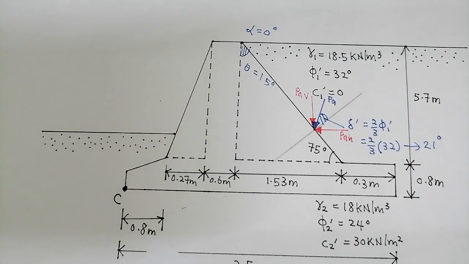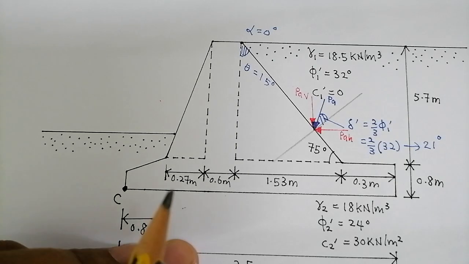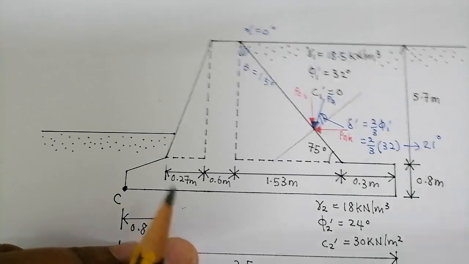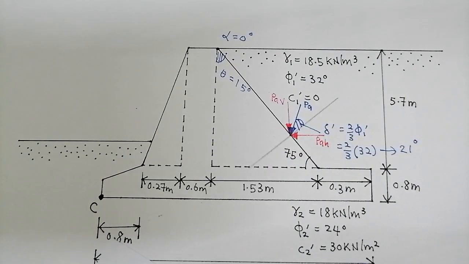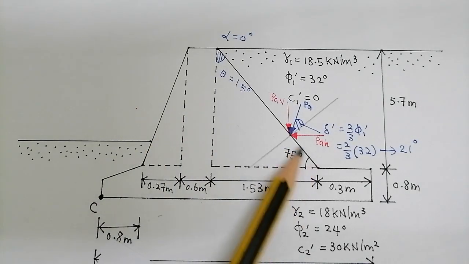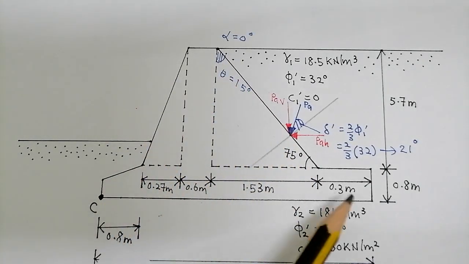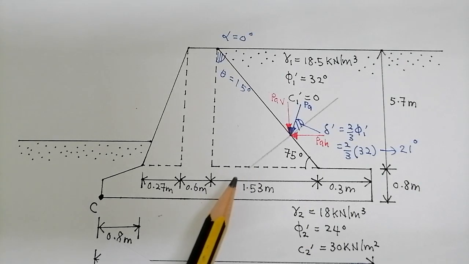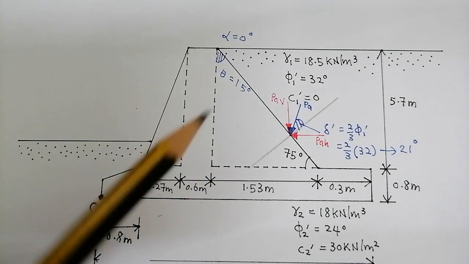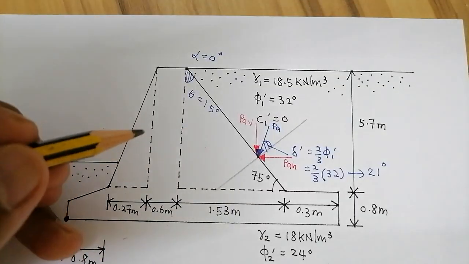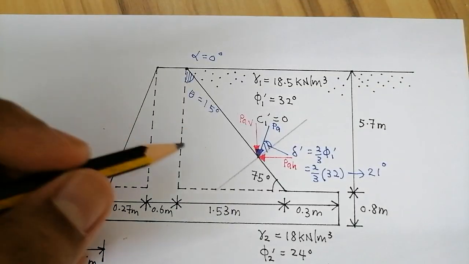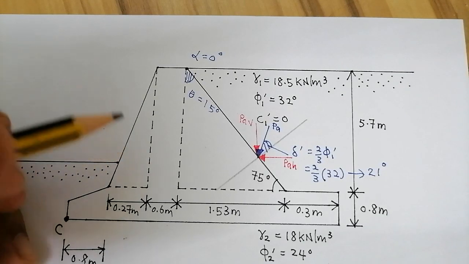Okay, next, after we got the PAH and PAV, to help with the subsequent calculations, let's number our components here. So this is our retaining wall. I divided the retaining wall into 4 basic sections, and I want to give them each a number.